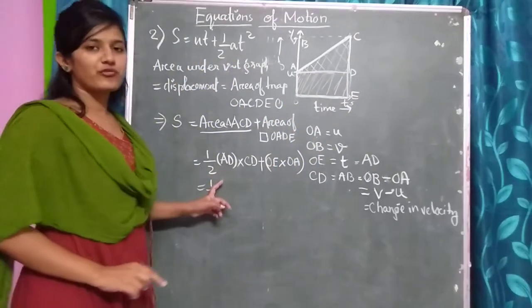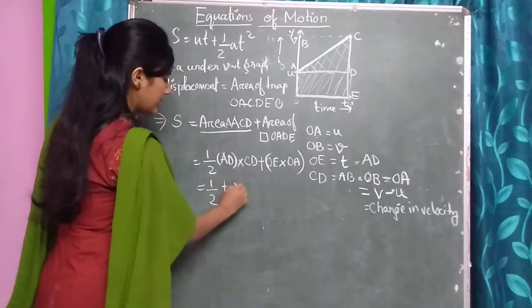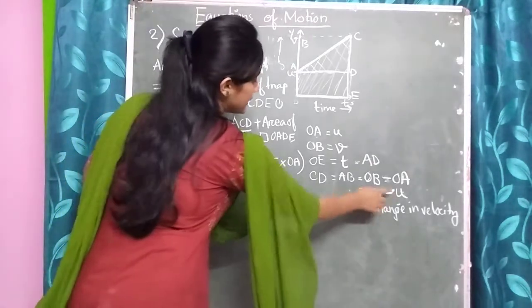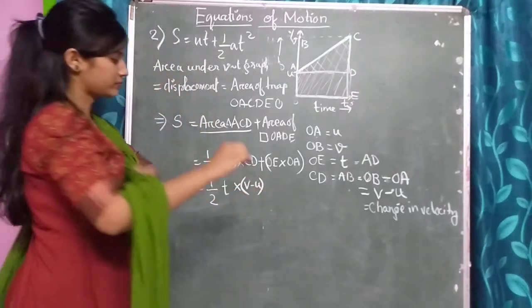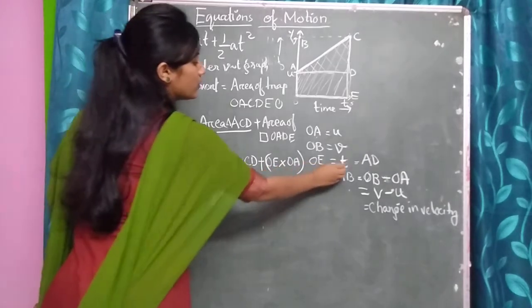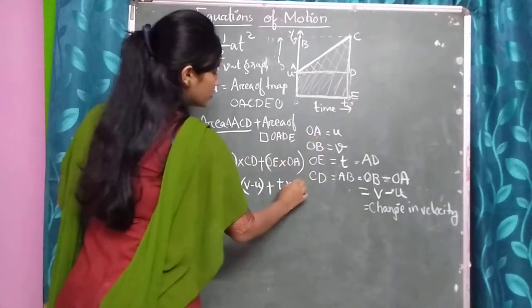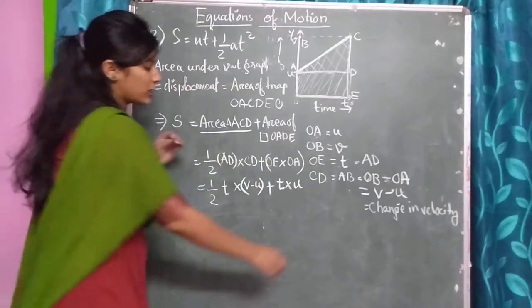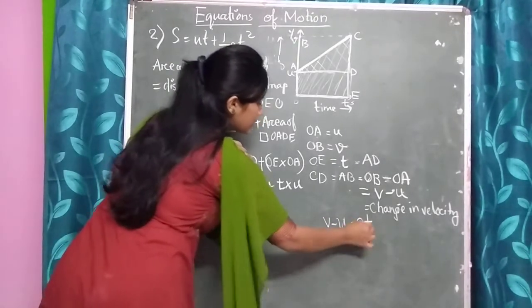So in place of AD, I will write T, and in place of CD, I will write V minus U. Then plus OE is T, into OA is U. Again here I will use one formula, that is, we know that V minus U is equal to AT.